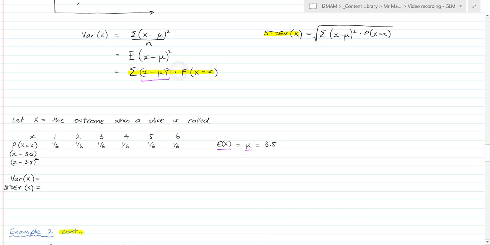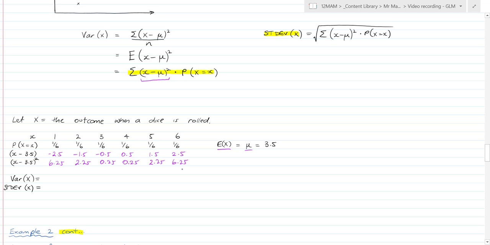So if I do x minus 3.5 first, I get negative 2.5, negative 1.5, negative 0.5, 0.5, 1.5, and 2.5. And then I can square those. I get 6.25, 2.25, 0.25, 0.25, 2.25, and 6.25.